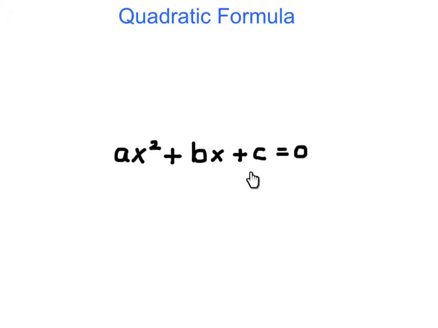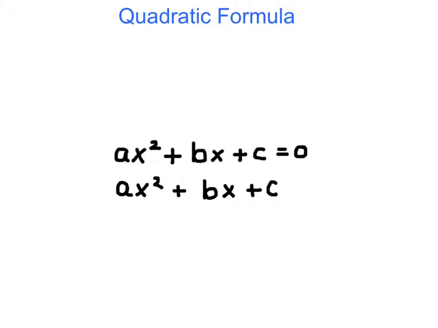Let's do a brute force and solve for x using what we know about balancing an equation. So let's start. I'm going to rewrite the equation. We want to remove the c. Remember, our mission is to isolate x.